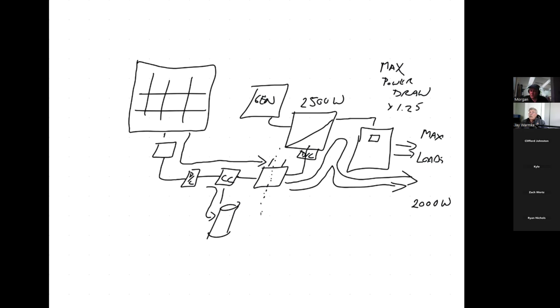Now, if I pick a 2,500 watt inverter, you'll probably see on there that it says 2,500 watts continuous and 5,000 watt surge. The reason for that is that some of your loads are going to be motors, right? You're going to have a refrigerator, a pump, all this other stuff.